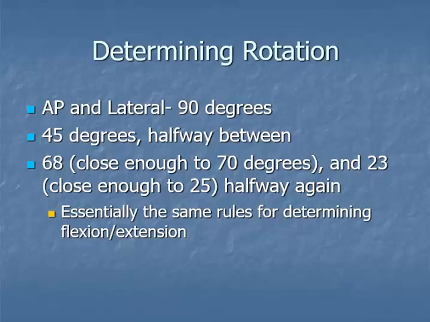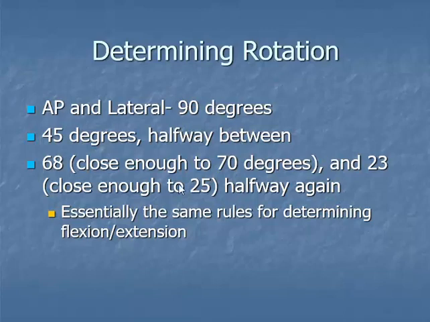Most of our obliques are 45 degrees or somewhere close to that. But whenever we get to things like the oblique of the T-spine, which we rarely shoot, but we do, the positioning is about 70 degrees, so it's close to a lateral. Lateral being 90 degrees, 70 degrees would be closer to a lateral than what it would be to an AP.